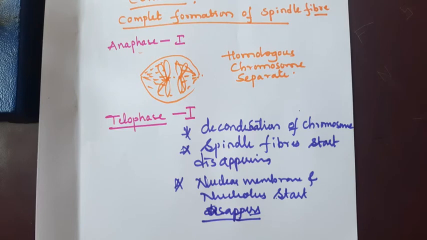By this division, half of the number which is present in the parental cell gets equally distributed in the daughter cells. By this division, the sperm and egg are formed. By the meiosis 1 only the homologous chromosomes separate, not the sister chromatids.